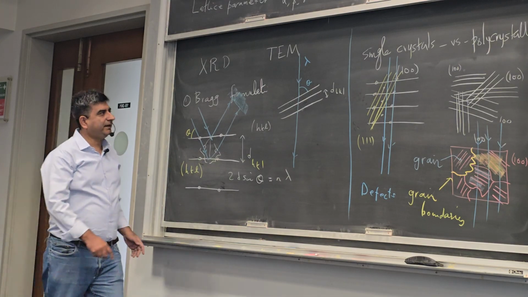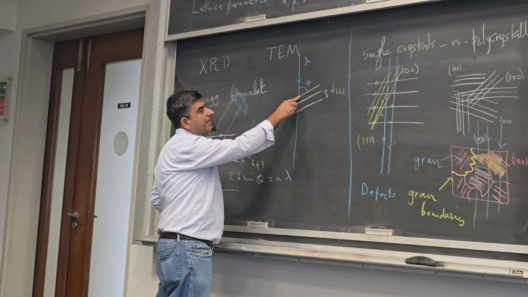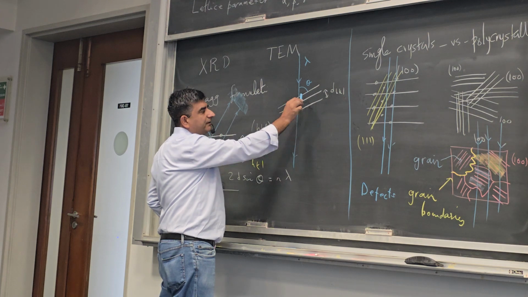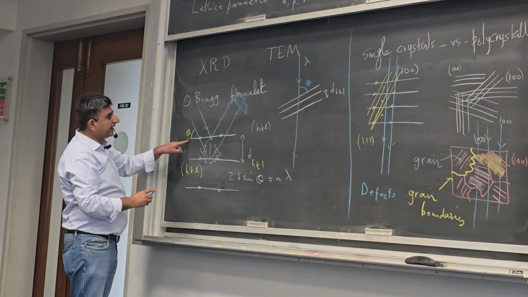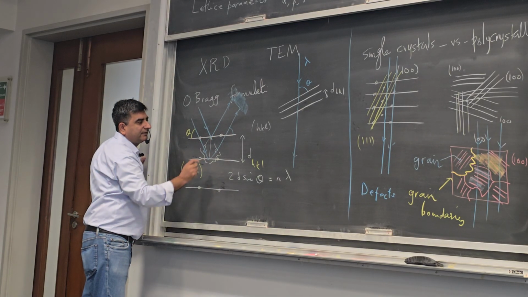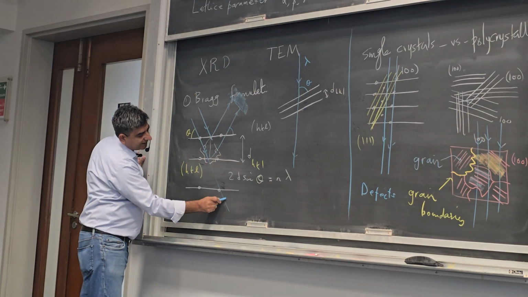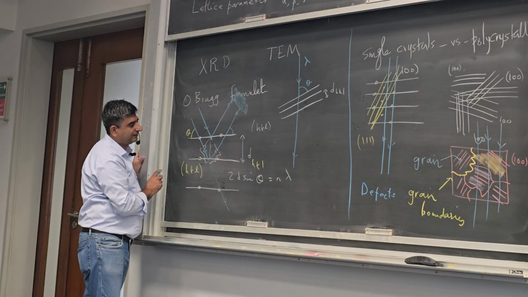What's going to happen is that these X-rays can scatter off from these planes. So if this angle is theta, can you indicate what this angle is going to be? This angle is going to be theta as well. So this is the unscattered X-ray, correct?